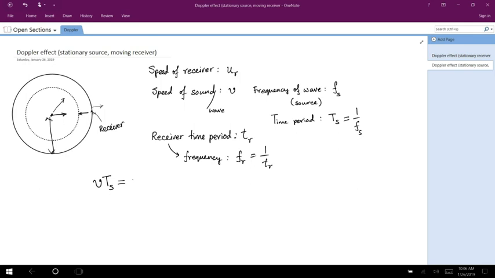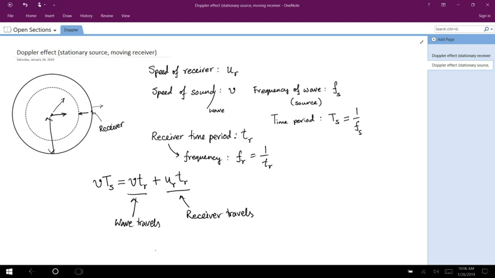So within time TR, the sound travels V times TR, and the receiver travels UR times TR, right? So the sum total of these two distances, this is how much the receiver travels, and this is how much the sound or the wave travels in time TR.